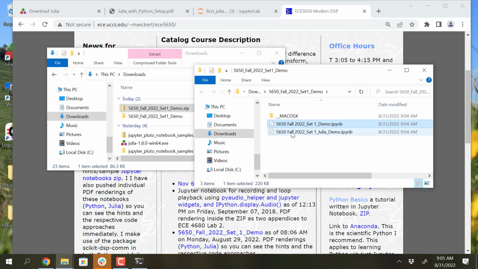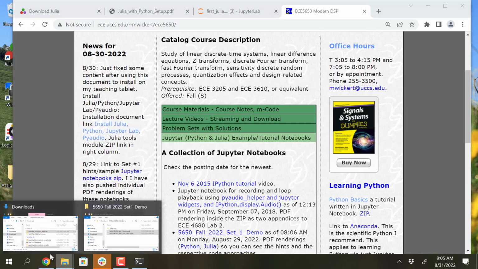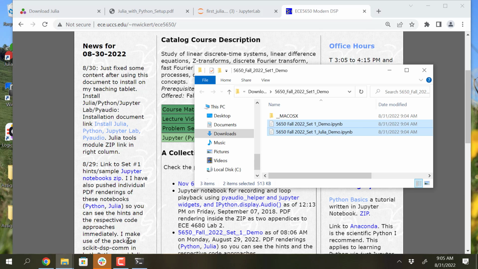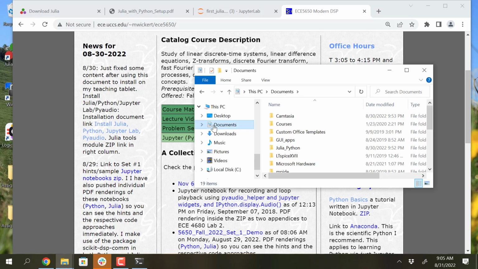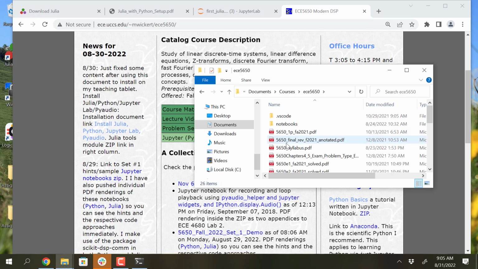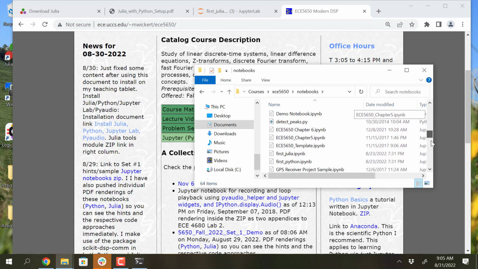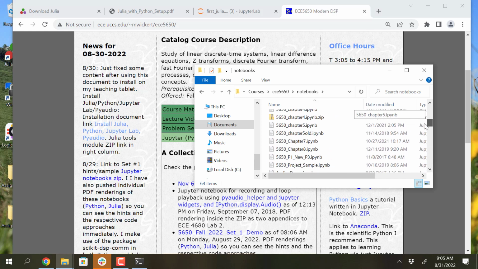But I'm going to take both of these, copy them, and I'm going to put them in another location. Under Documents, normally I would put them right in this folder, in my Notebooks folder, which has a mumble jumble of all kinds of stuff, and I don't really want to mess with that right now.